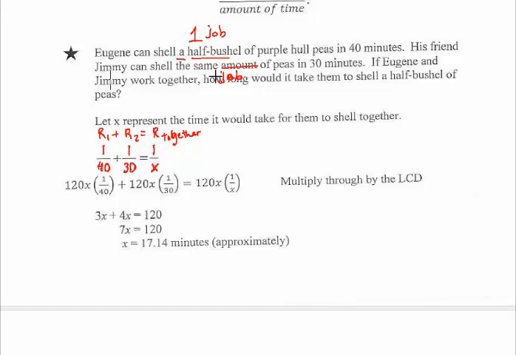The workbook has already worked out the equation for us, and in the end we see that it takes them 17 minutes, or 17.14 minutes. As you would expect, if they work together doing one job, it takes them less time.